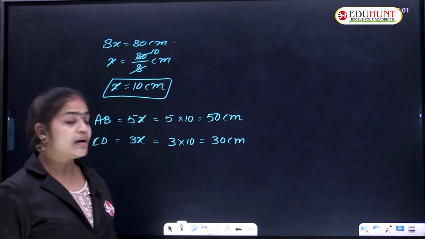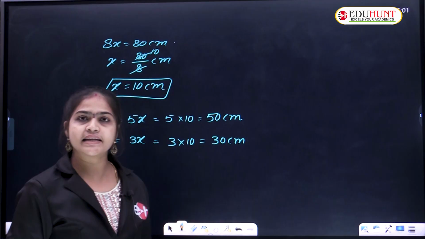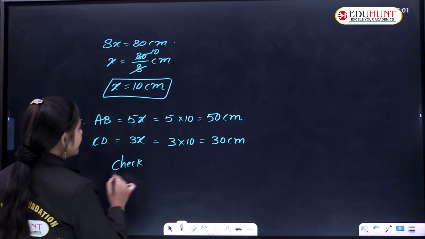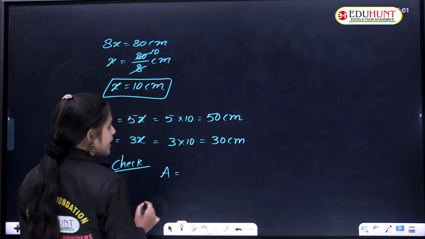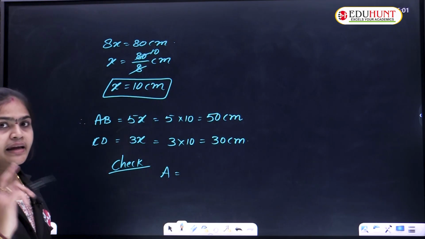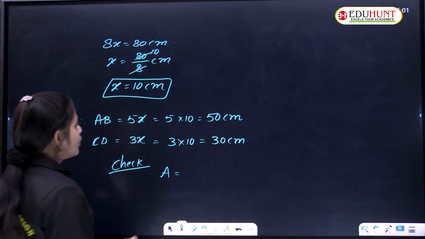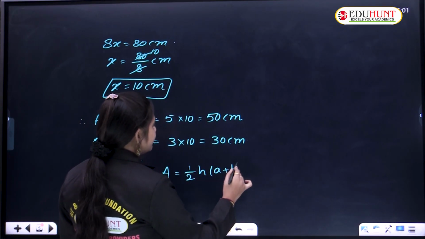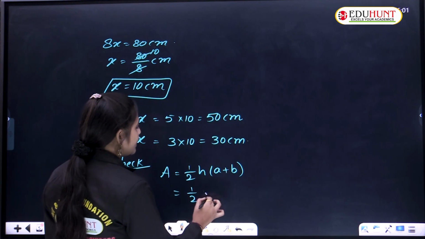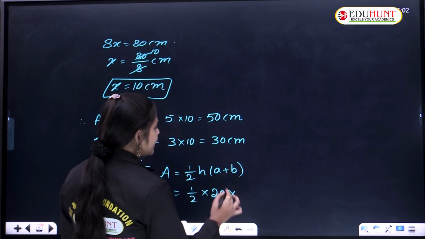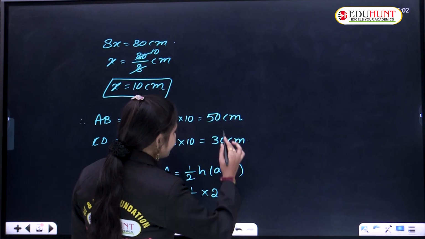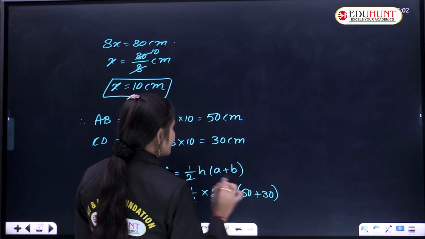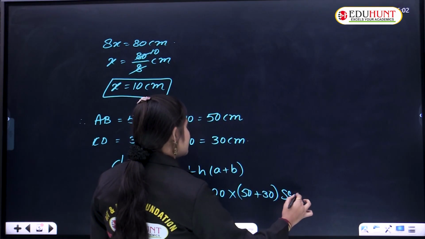Are those answers correct or wrong? How can we say? By using the checking method. Area is equal to, how much did they give here? 800 centimeters square. Now half h into a plus b is equal to half into h, which is 20, into a plus b, which is 50 plus 30, in square centimeters.